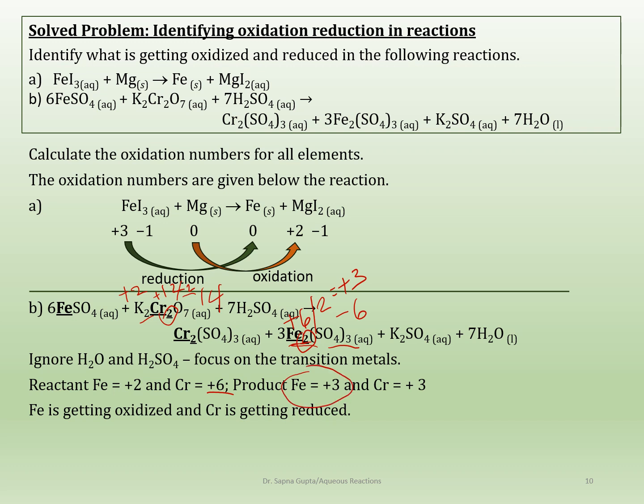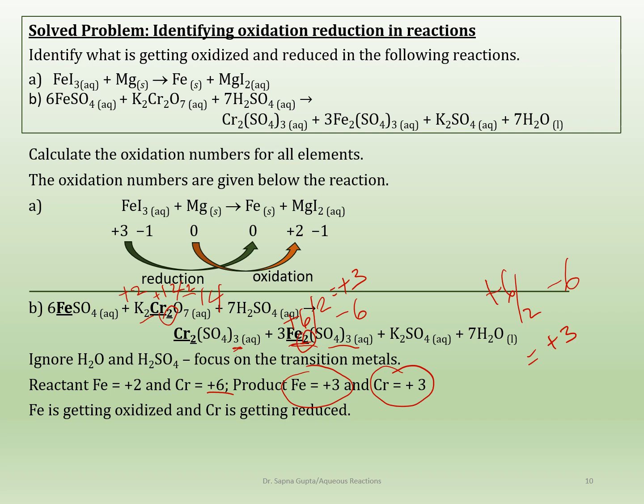And then we have chromium, and chromium again is bound to sulfate, and I'm just going to do it on the right hand side because I don't have room there. Again we have 3 sulfates, so 3 times -2 is -6, and then I have 2 chromiums here. So the total charge is +6 divided by 2, so that's +3. Chromium is also +3 in this case.